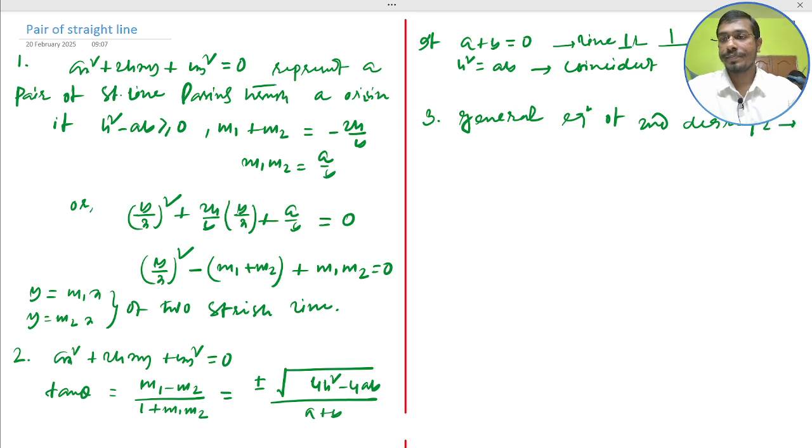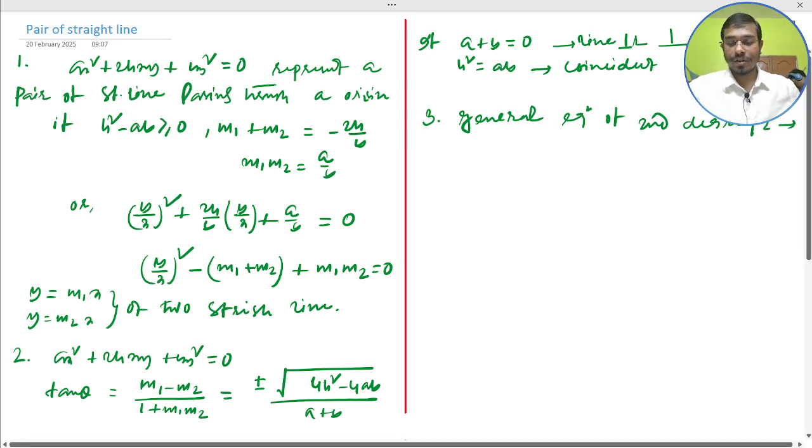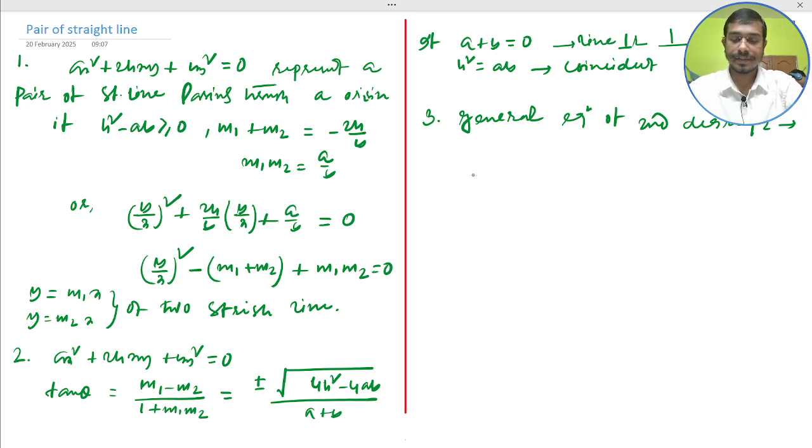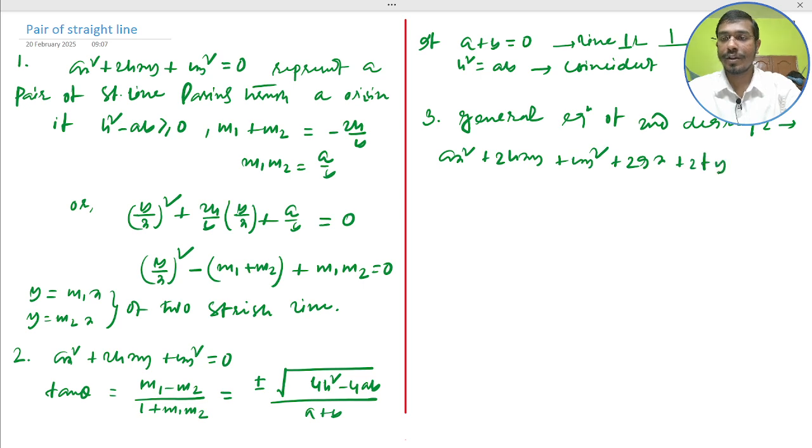The general equation of second degree is ax square plus twice hxy plus by square plus 2gx plus 2fy plus c equal to 0.